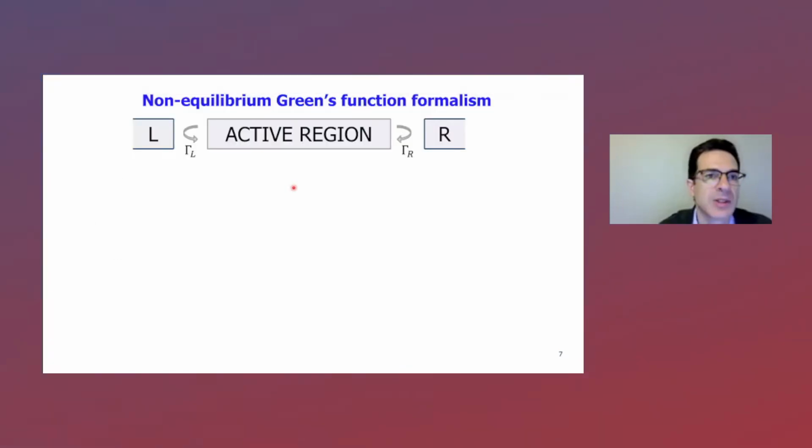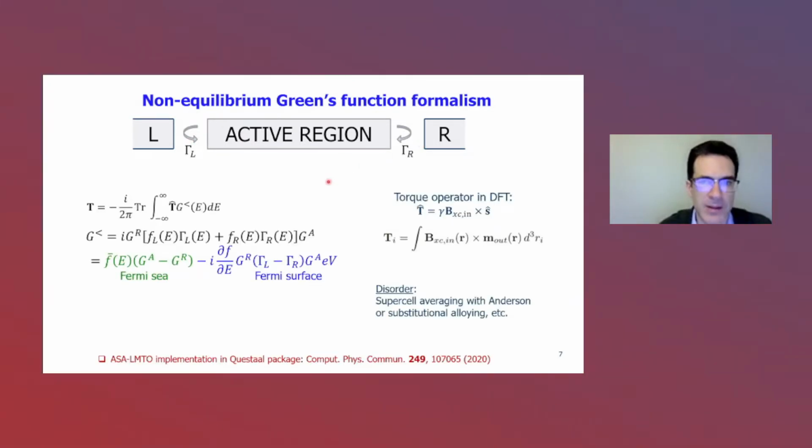We use the non-equilibrium Green's function formalism. There is an active region where scattering happens, and this region is attached to the leads that can have different electrochemical potentials. One can calculate the lesser Green's function, which can be used to evaluate the expectation values of observables, such as the torque, which is described by this operator in DFT.